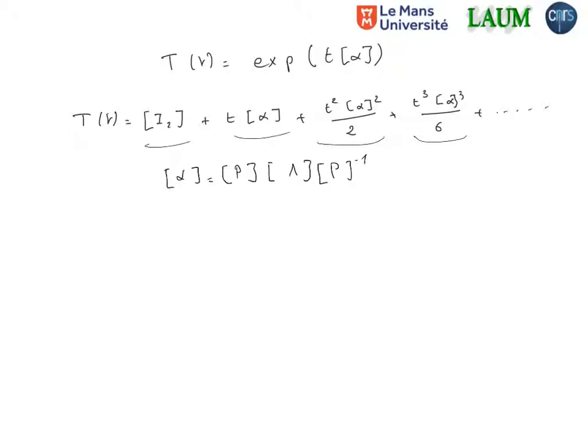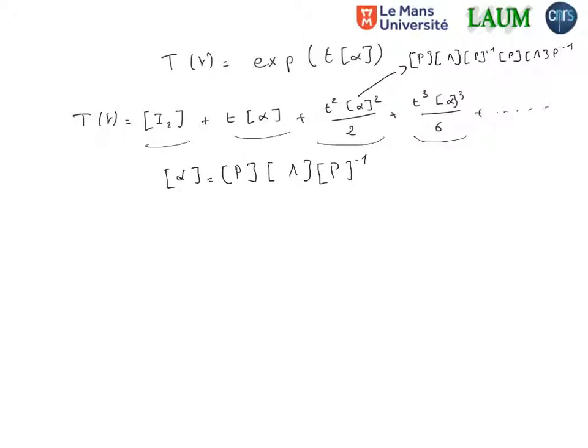If we look to this diagonalization, this should be possible, and in fact most of the exercise will consist in finding P and lambda. If we just see this expression of the diagonalization, we can see that, for example, alpha square is equal to P multiplied by lambda multiplied by P minus 1 multiplied by P multiplied by lambda multiplied by P minus 1.